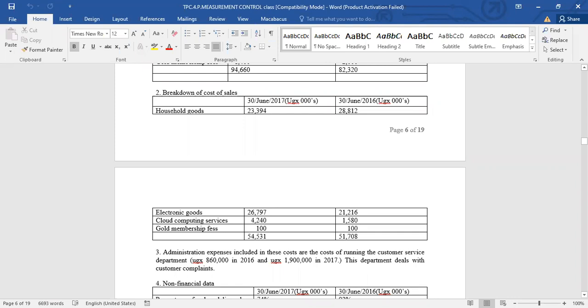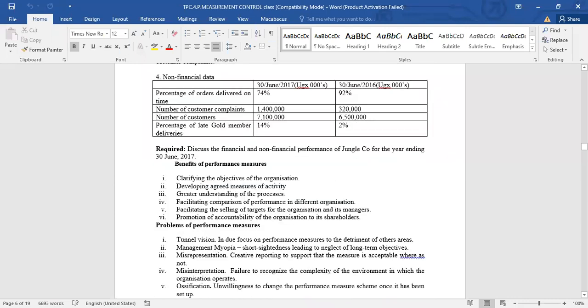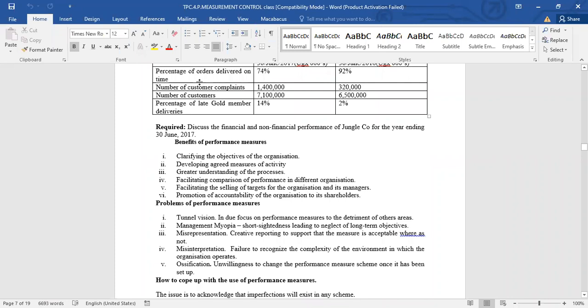It also had non-financial information, like the number of customer complaints, number of customers themselves, gold deliveries, and purchase orders delivered on time. This is non-financial, so you're supposed to comment based on their increase or decrease, and say whether it's a good performance or a poor performance.